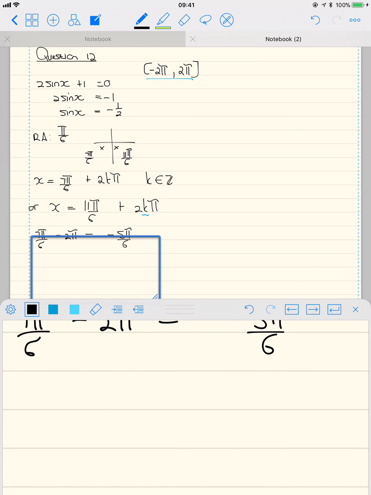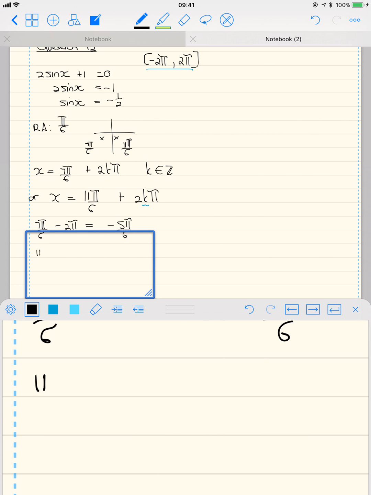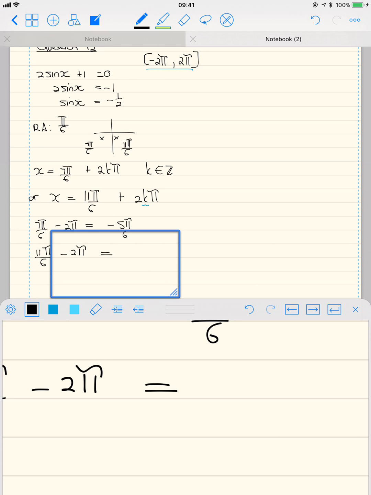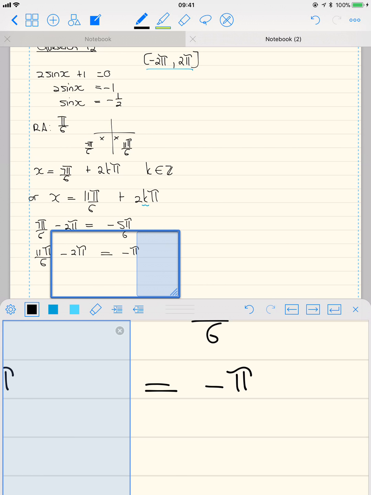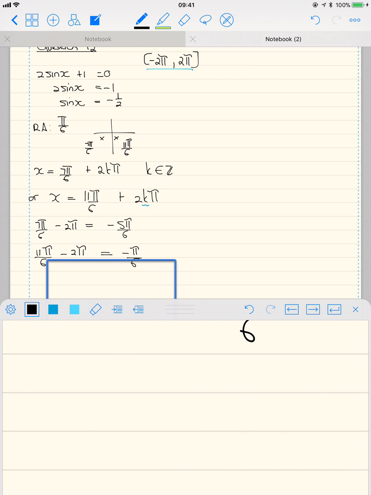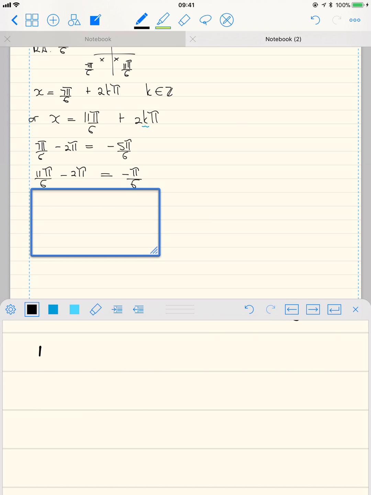For the 11 pi over 6 minus 2 pi, it will give me minus pi over 6.